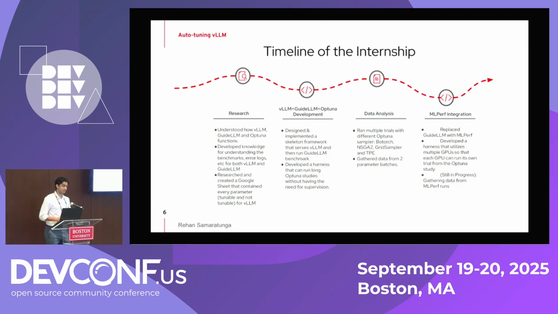Then data analysis was the third part, where I ran multiple trials with different Optuna samplers, BoTorch, Grid Sampler, TPE, and gathered data from different batches of parameters. And lastly, for my last couple of weeks at the internship, I replaced GuideLLM with MLPerf, and I developed a harness that utilizes multiple GPUs so that each GPU can run its own trial on an Optuna study.